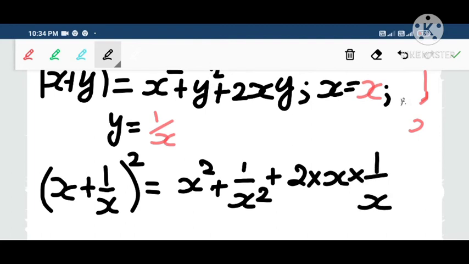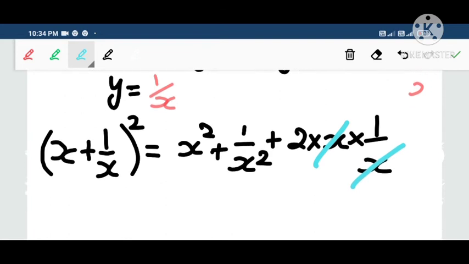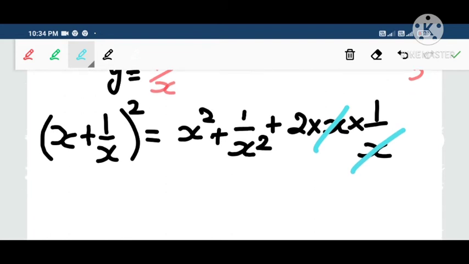So now you can see what happened. The x will get cancelled. So remaining is x square plus 1 by x square plus 2. We need to find the value of x plus 1 by x, so I keep it the same.